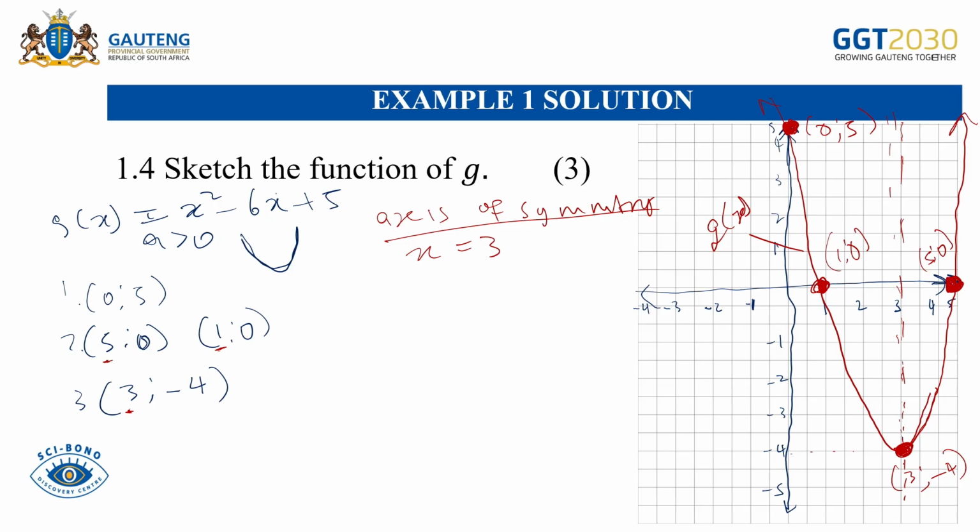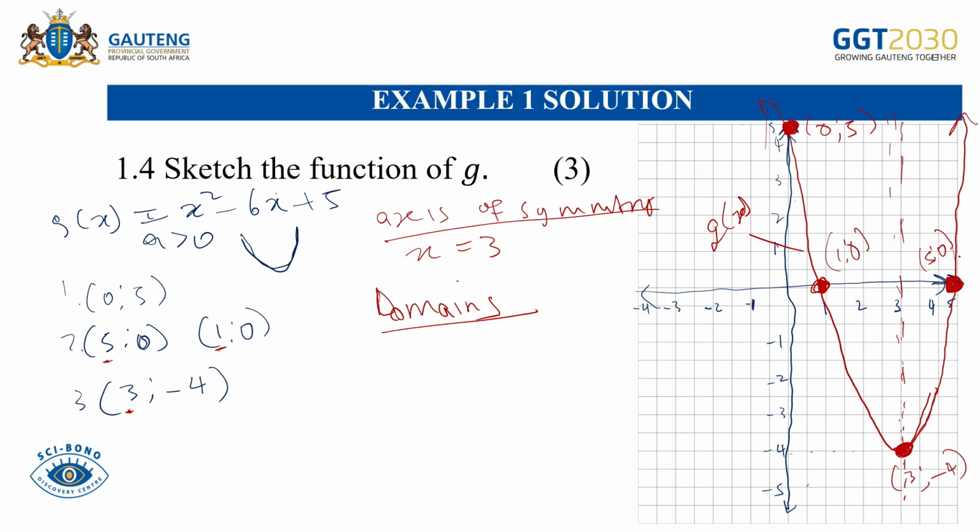Right? And then when they say you need to find your domain, it's all the values of x that are covered by the graph, right? So you can see that your graph, this side, covers the positive values of x, and if it continues going up, it's going to cover the negative values of x.